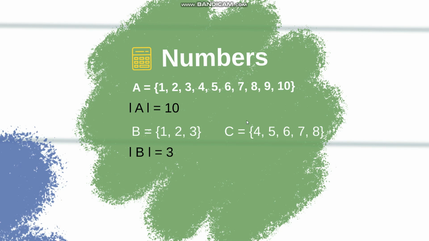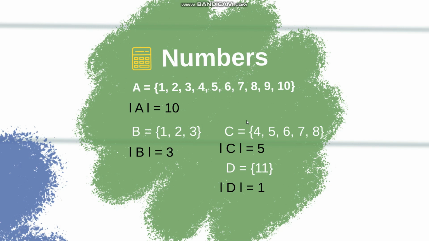Then therefore, the cardinality of set C is equal to 5. And for the last one, set D. Okay, the cardinality of set D. Let's count the elements. It's 1. Then therefore, the cardinality of set D is equal to 1.